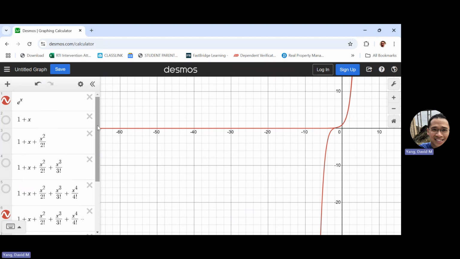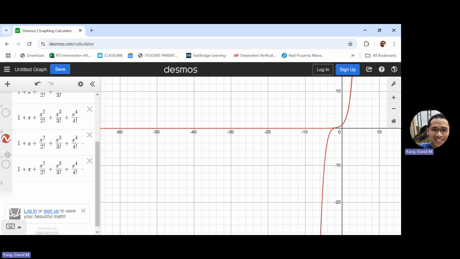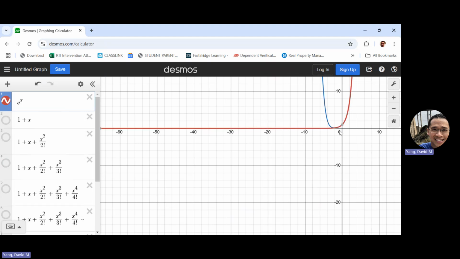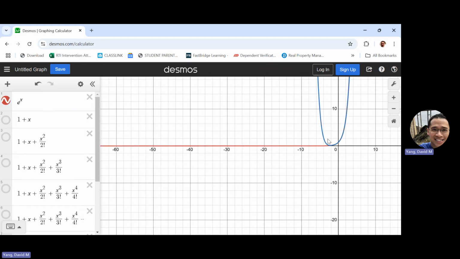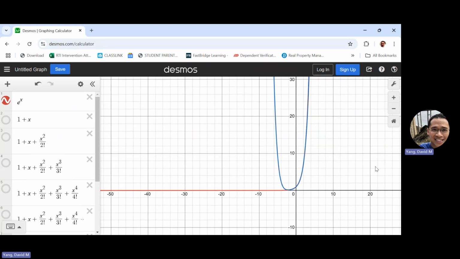How many did I do? This is sixth degree here. Okay, so it's going to keep going from an even to an odd function, and as it gets more information, if we can follow this pattern out to infinity, the idea is that this graph will eventually look like this e to the x graph.